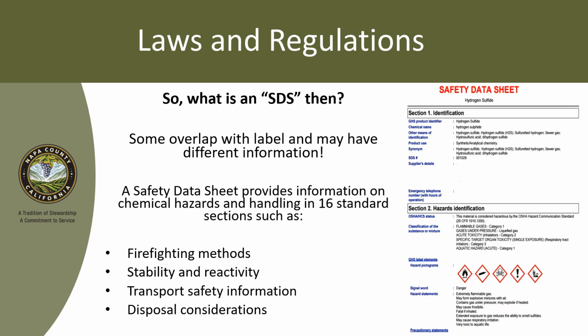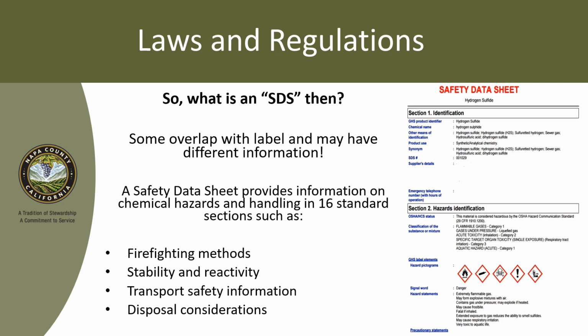Well, if the label is the law and is a legal document, what in the world is an SDS, a safety data sheet? Well, it's a big difference. In fact, they're really not that similar at all, even though an SDS is going to have PPE recommendations in there. It might tell you what are the best way to pick up a spill, what materials to use, et cetera, et cetera.